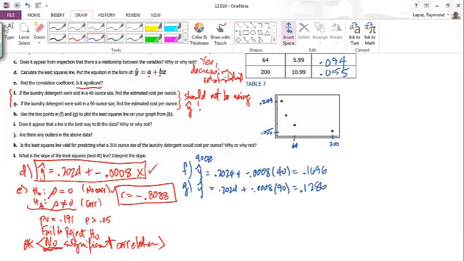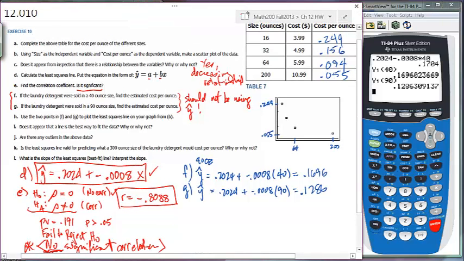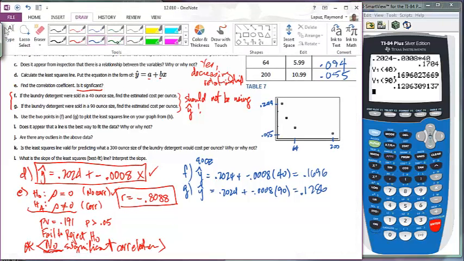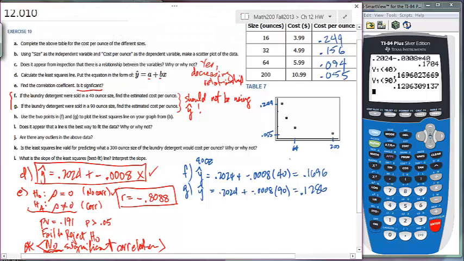Whoops. Let's do this in green to try to draw this line. So we have the point 40. Let's see, 40 is over here even. So somewhere over here, 40. And 0.1696. Let's see, 0.156 is over here that matches with this point.